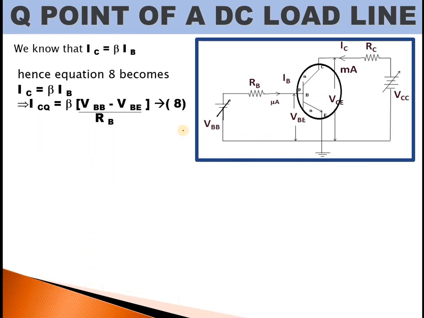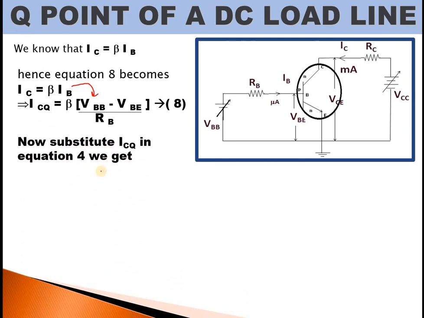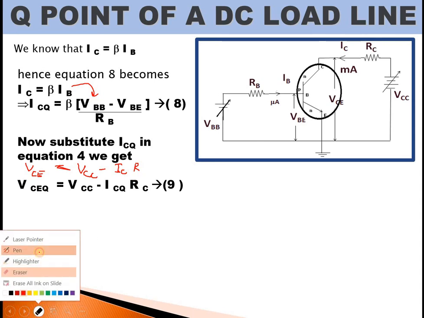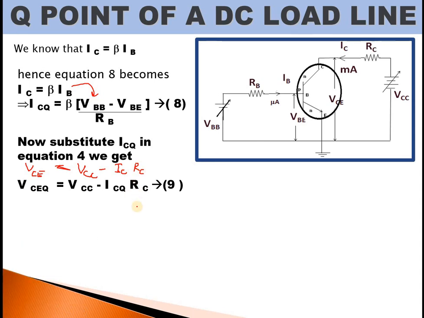I am using equation 2 and equation 4 for my further derivation, that is for Q point derivations. After substituting IB, I will get ICQ as this. And now for equation 4, VCE is equal to VCC minus ICQ into RC.